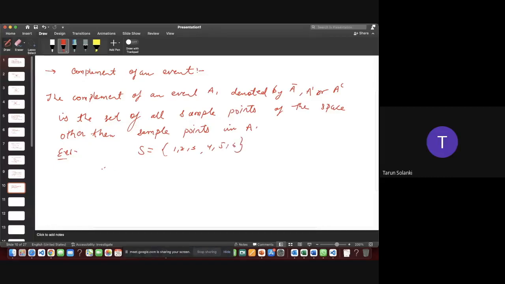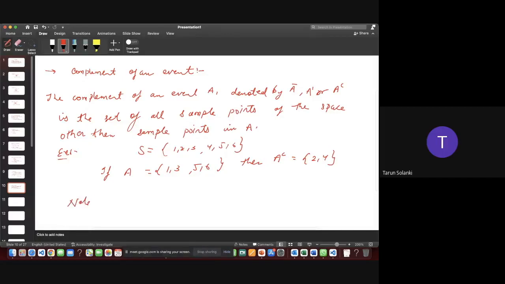Like if A is equal to 1, 3, 5, 6, then A^c will be 2 and 4. Correct. A^c is 2 and 4.